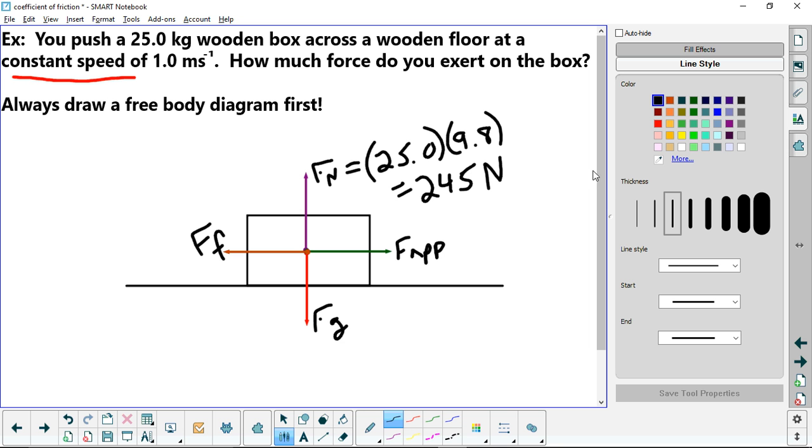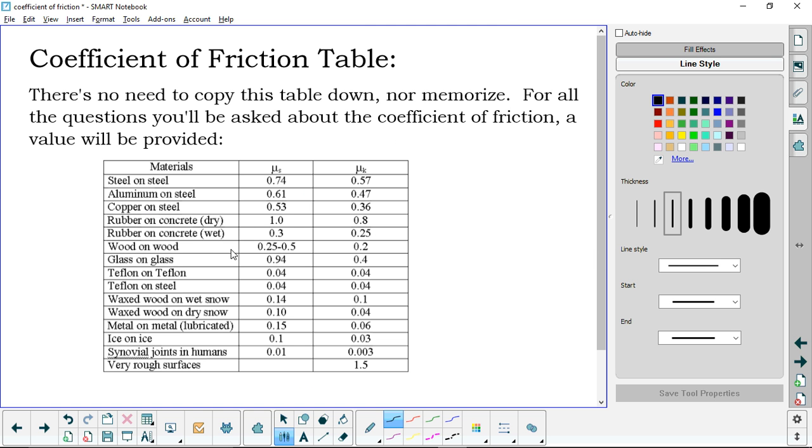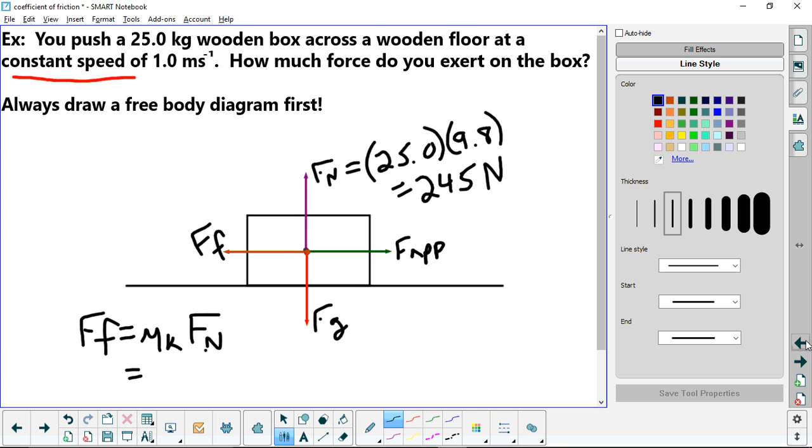So I know my frictional force is going to be equal to, and I'm going to use the coefficient of kinetic friction due to the fact that I know the crate's in motion. Coefficient of kinetic friction times my normal force. I'm going to look back at my table of coefficients of friction. I will see here wood on wood, coefficient of kinetic friction is 0.2, and it's going to be 20% of the normal force.